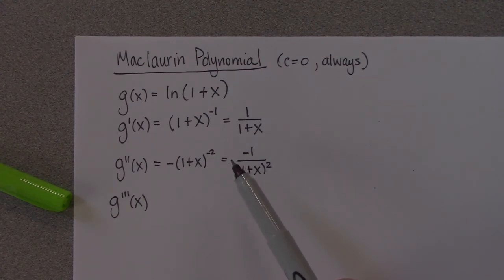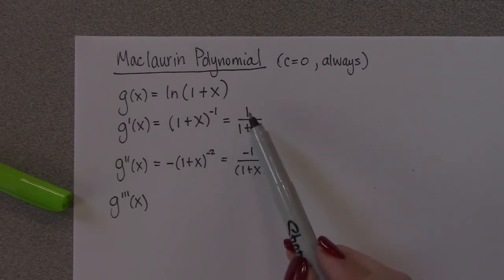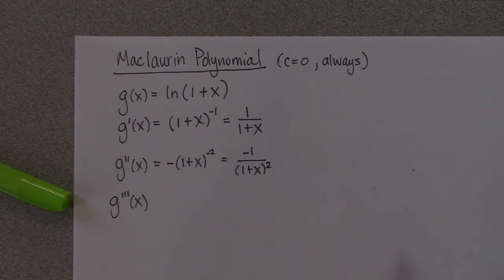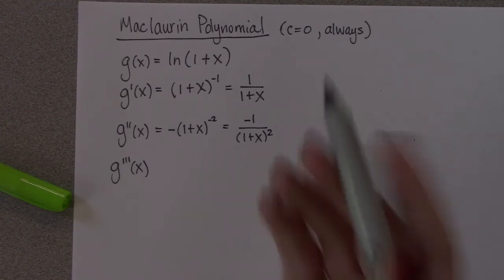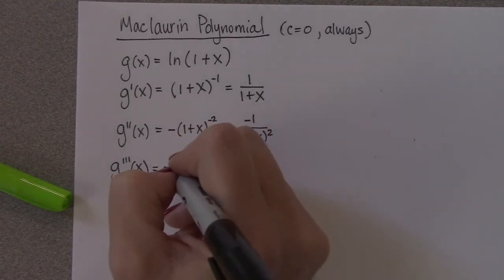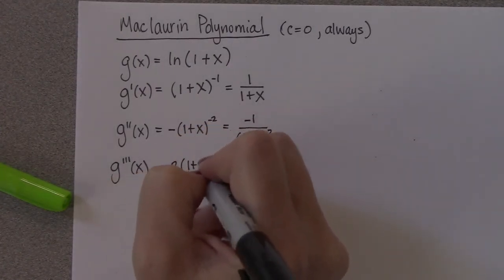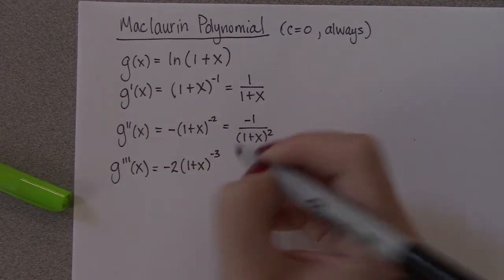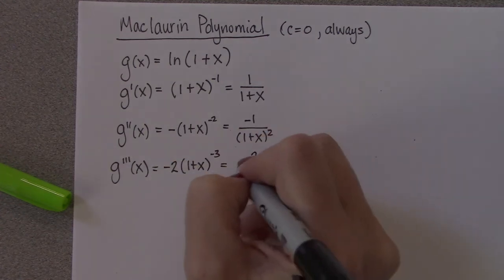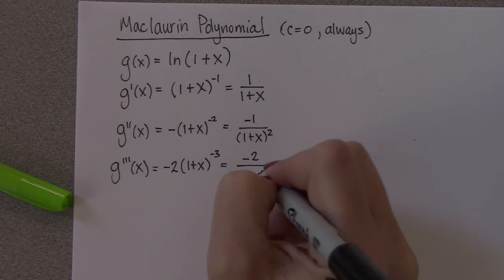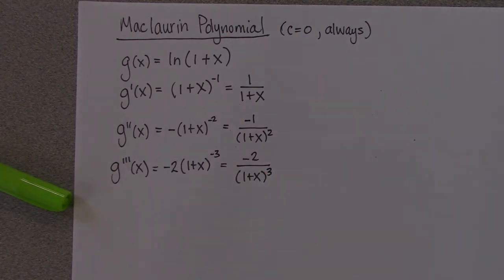For the definition of polynomial, all the exponents need to be positive. The x terms will be, but we don't want negative exponents in our coefficients either. So it's just a good idea to bring it back to this form when you actually go to plug in your values. So the third derivative is going to be negative 2 times 1 plus x to the negative 3. So that gives me negative 2 over 1 plus x cubed.